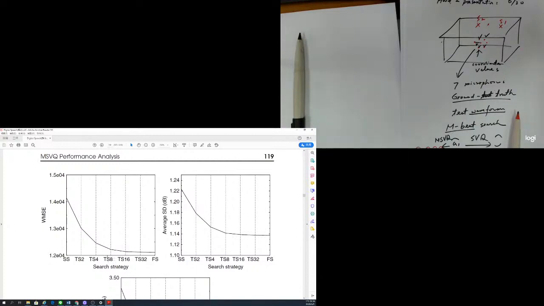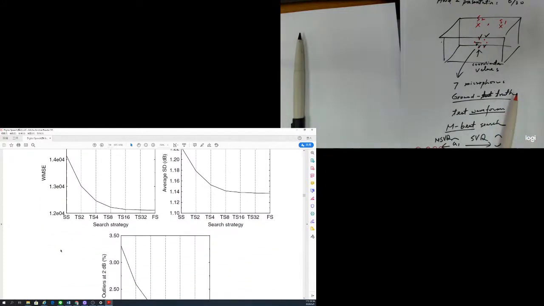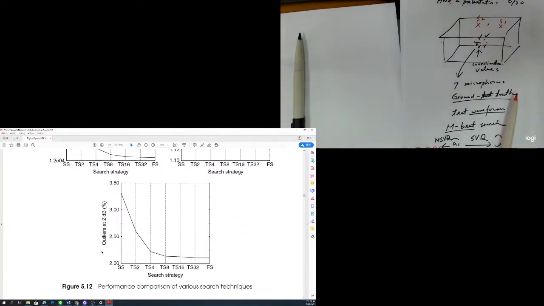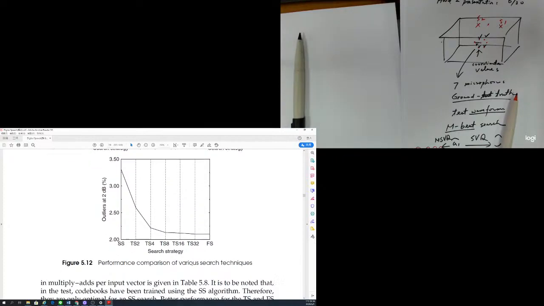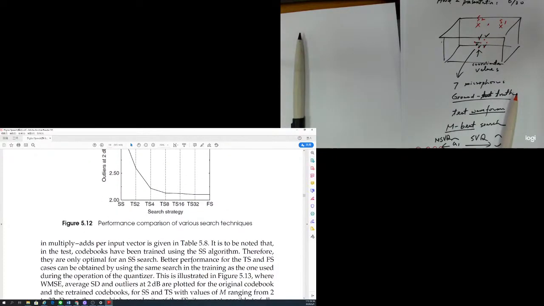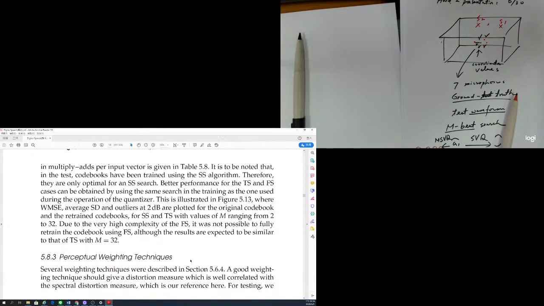So for each stage you find more best matches sequentially, so that you can get good performance. Also the outliers decrease as you search more best match data.